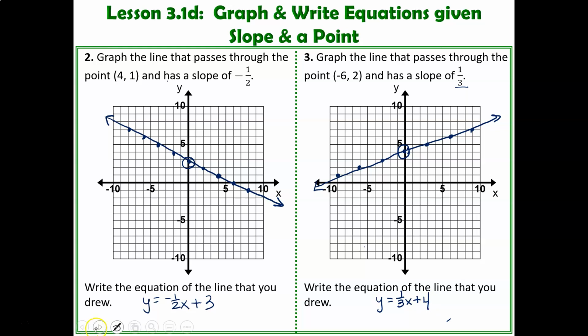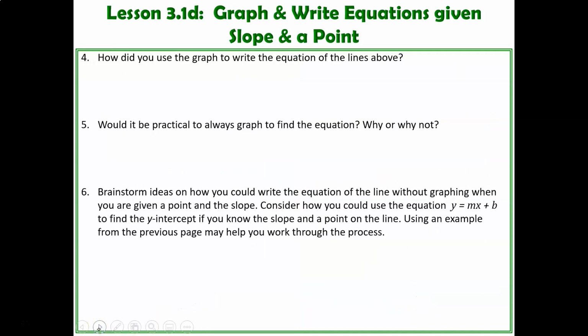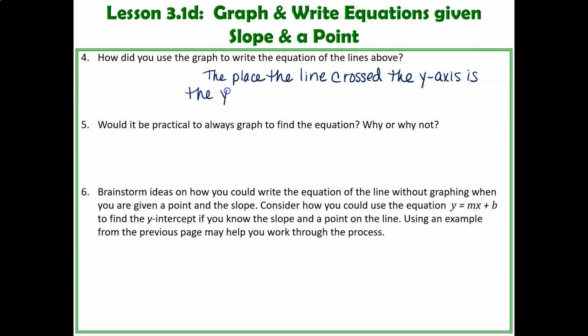All right, onward. So how did you use the graph to write the equation? Well, what you use the graph for is to find the y-intercept. The place the line crossed the y-axis is your y-intercept. It's the b. Would it always be practical to graph this way to find an equation?